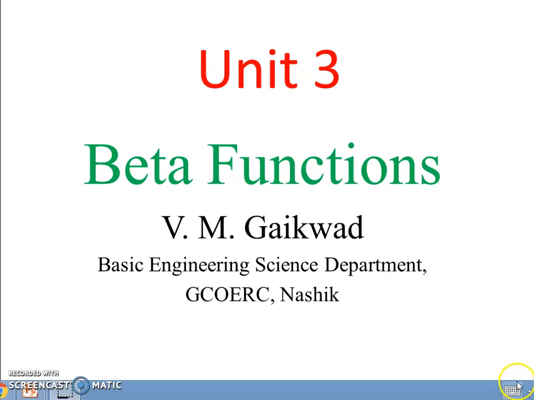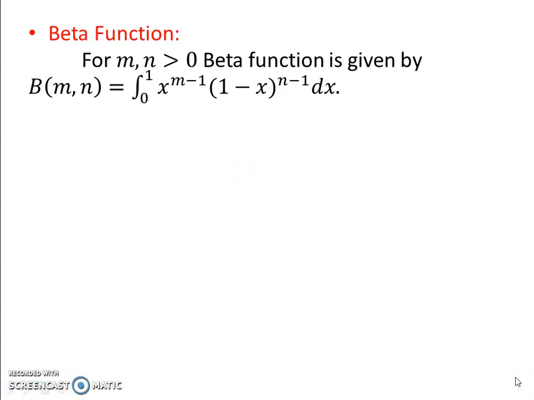With the definition, beta function is defined for two positive numbers, say m and n. So m, n greater than 0, then beta function of these two numbers is given by beta of m, n equal to integration 0 to 1 x raised to m minus 1 into 1 minus x raised to n minus 1 dx.